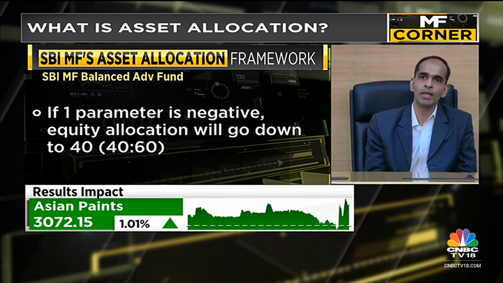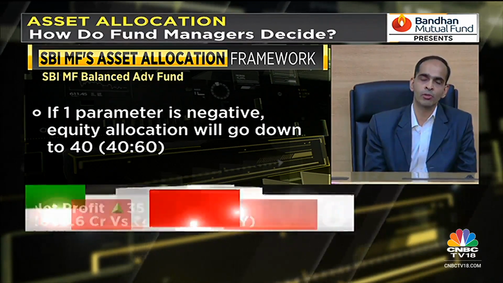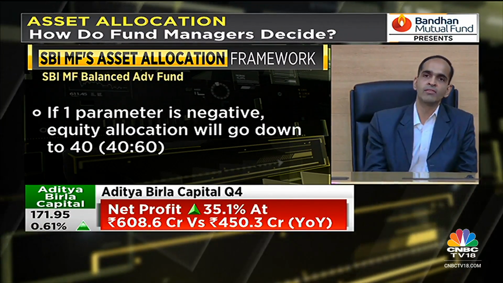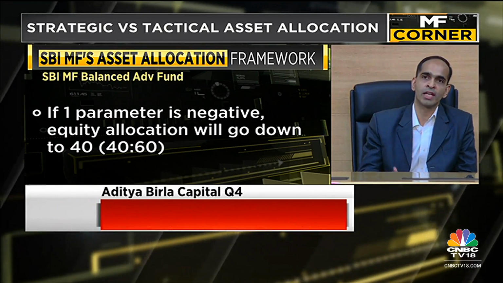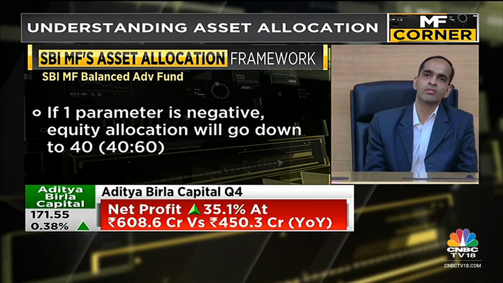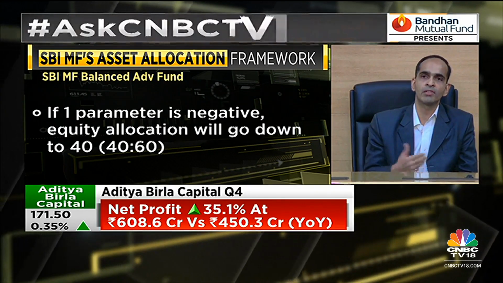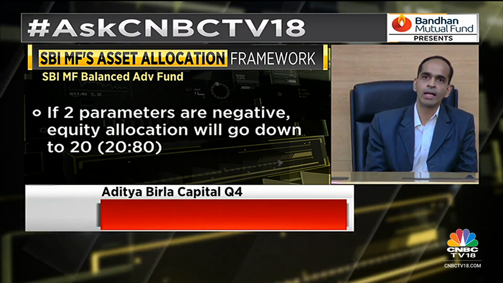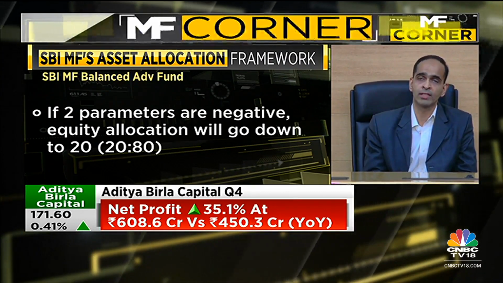Valuations had corrected so meaningfully that it felt like a fantastic opportunity from a valuation perspective. And from an earnings perspective, it felt like the worst was priced in, so the chances of further downgrades to earnings were very minimal. So that was a rare occasion where all three parameters became positive, and the model recommended 100% allocation to equities at that point.